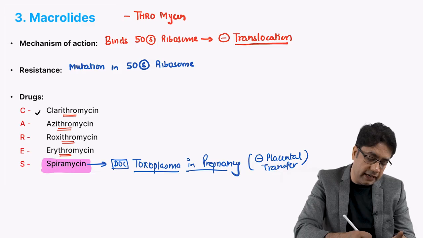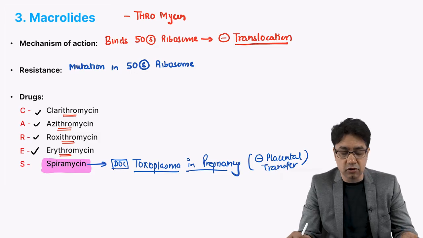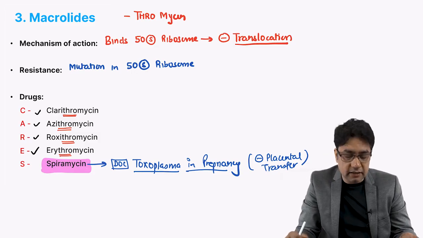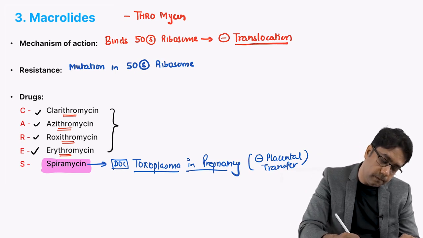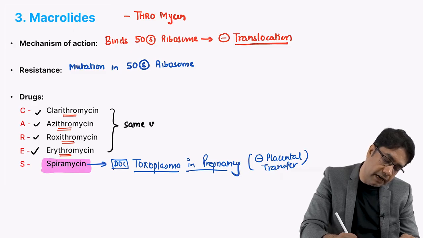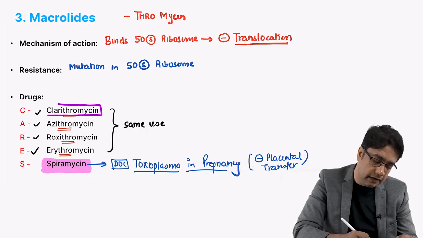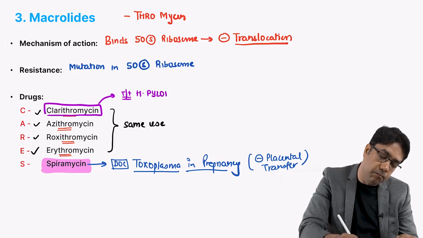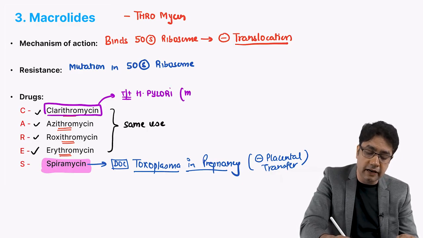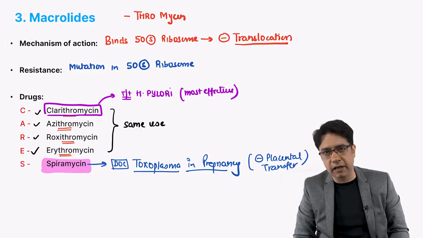So let's see what are the drugs we have to remember. Remember the first four drugs, CARE, C-A-R-E: clarithromycin, azithromycin, roxithromycin, erythromycin. All will have the same uses. But we will write that clarithromycin among them is also given for the treatment of H. pylori infection. It is the most effective macrolide for Helicobacter pylori, for the treatment of peptic ulcer.